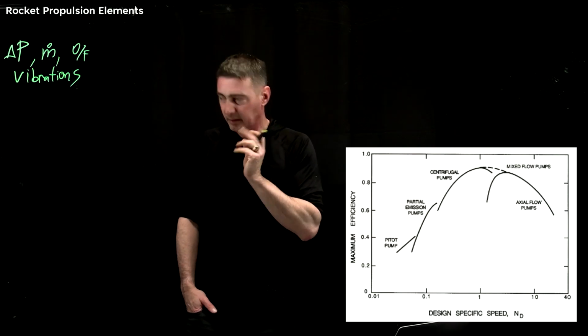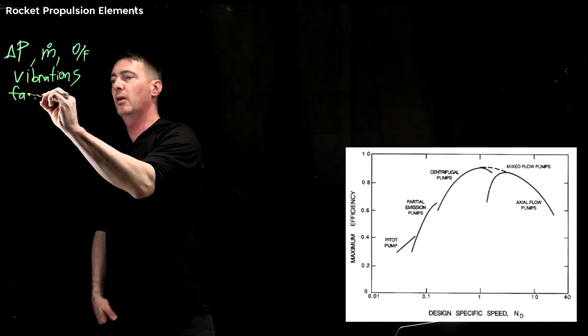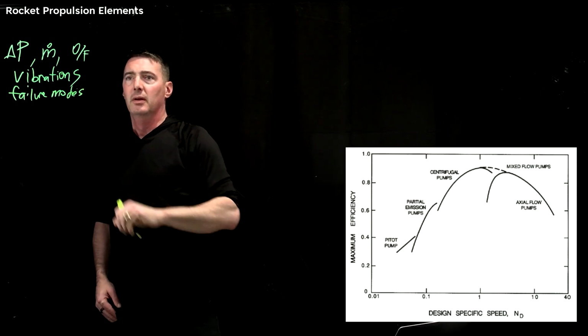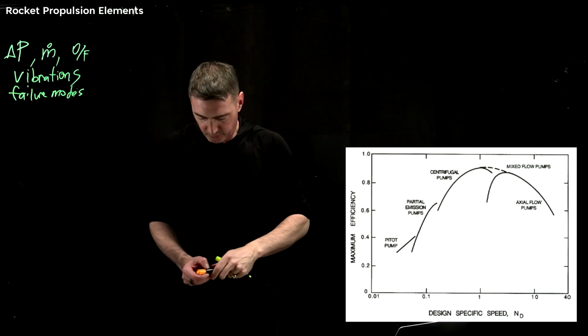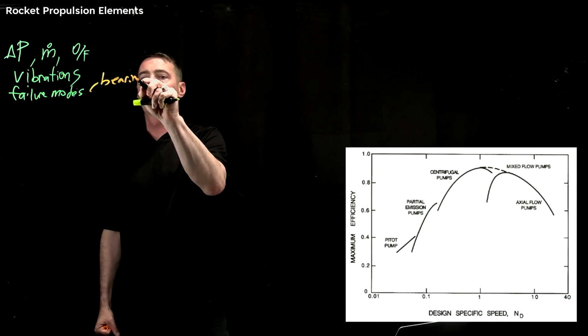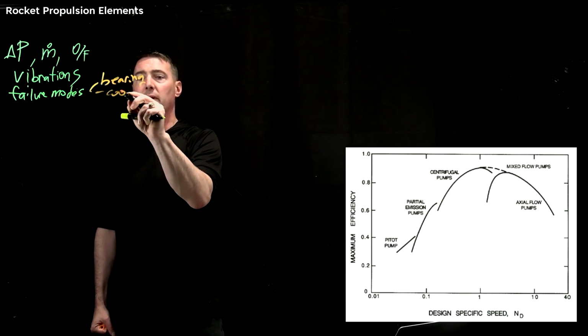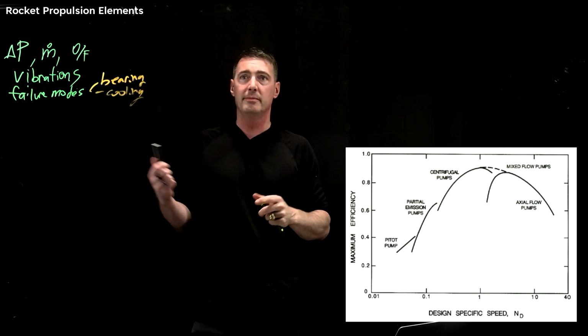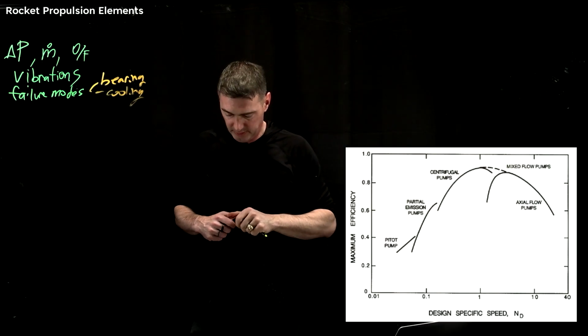Then your big failure modes, and I'll switch to orange on that: it is your bearings that can fail, your cooling of it, right? If it's self-cooled, usually by the aux or by the fuel.